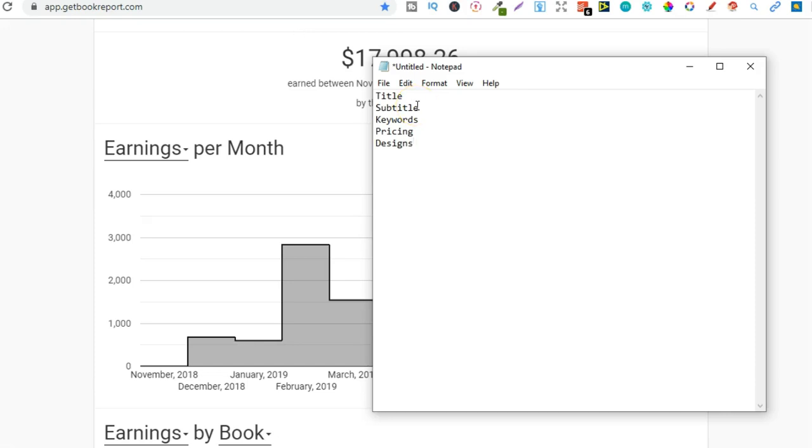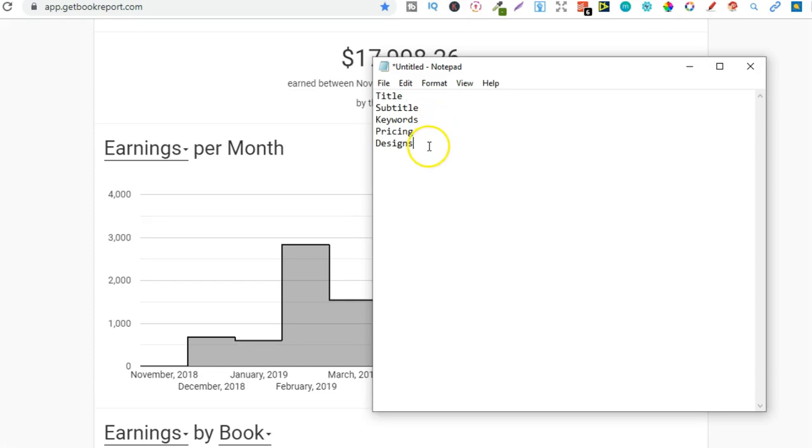So your title and subtitle. This is what pretty much describes the book. You want to describe your book with keywords that people are actually searching for, or key phrases. I've seen so many titles and subtitles that don't actually make sense when you read them.